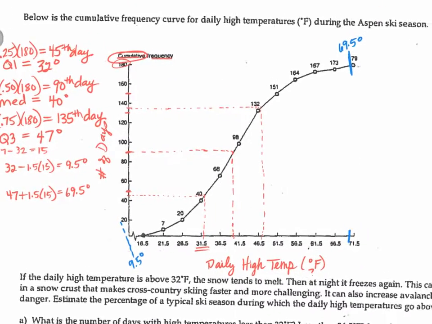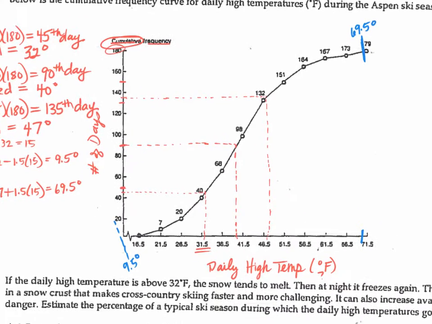So I found a fence at 9.5 degrees and 69.5 degrees. So do I have any lower outliers? No lower. Do I have any upper outliers? Yes. How many? At least one. Good. At least one upper outlier. Okay, I want you to sketch the box plot on top of this graph.